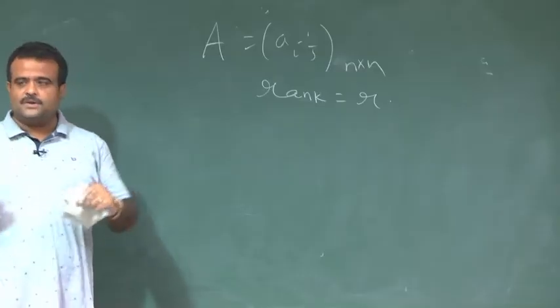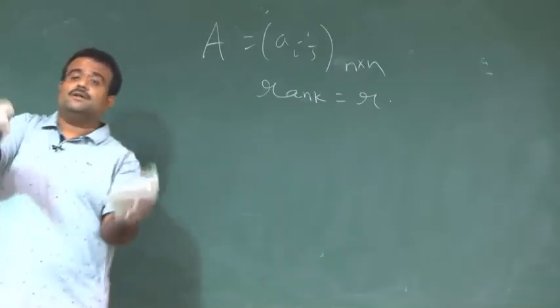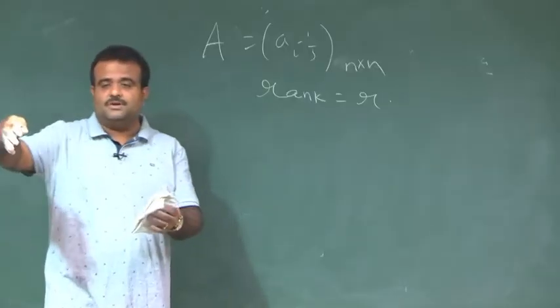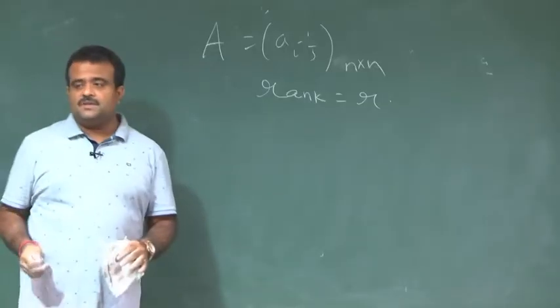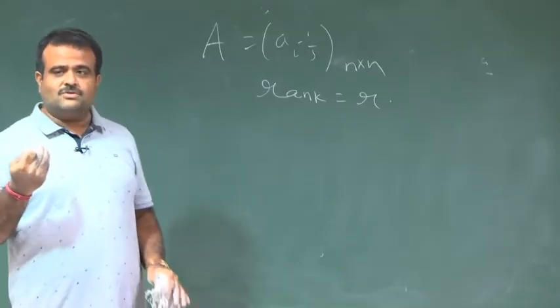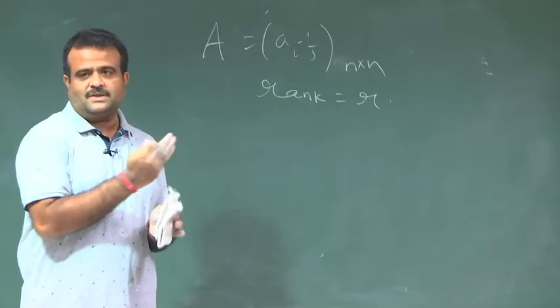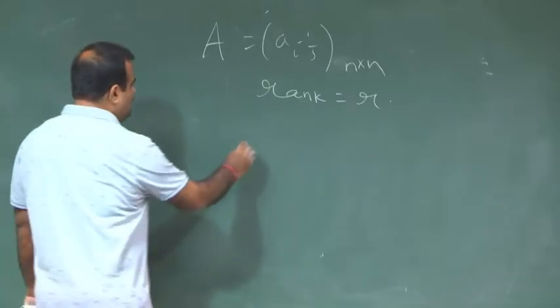If we apply row operations, it will reduce to a row reduced echelon form. Then if we apply column operations, it will reduce to a column reduced echelon form. Applying row operations means we multiply the elementary row matrices in the prefix, and applying column operations means multiplying elementary column matrices.